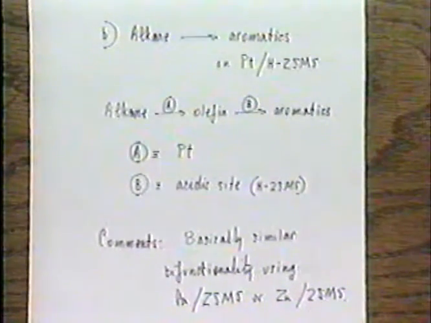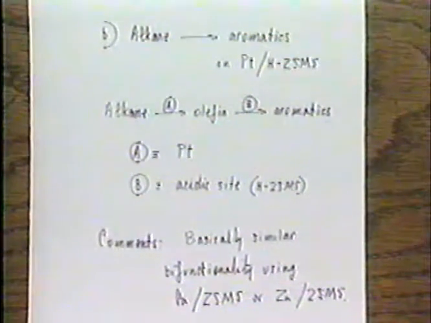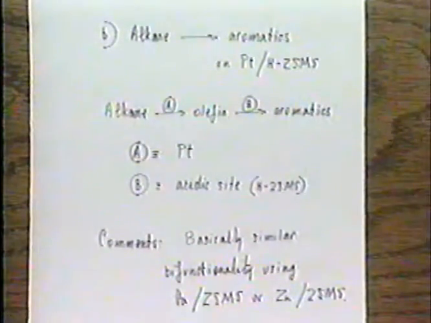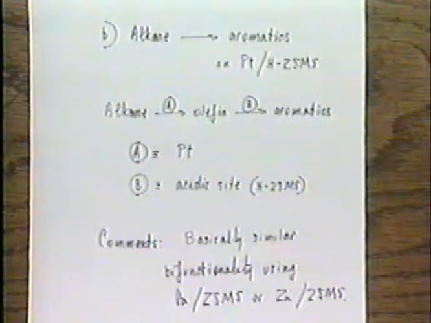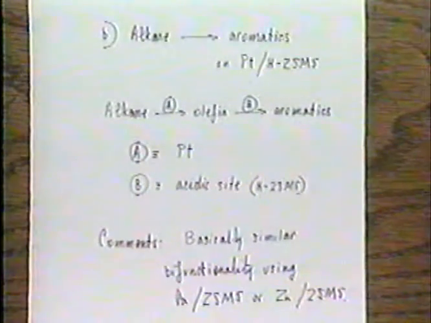But for the present purpose, what I want to remind you of is the fact that ZSM5, in addition to having this ability to convert methanol to olefins, also has this ability with high selectivity to convert olefins to aromatics.